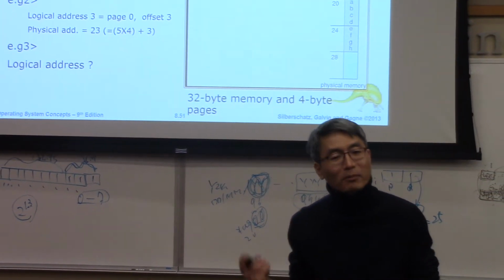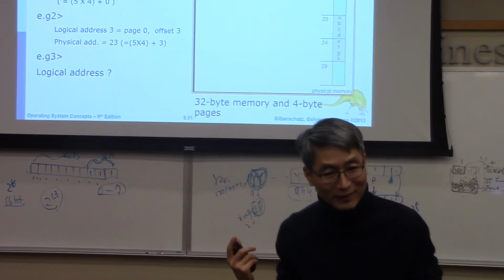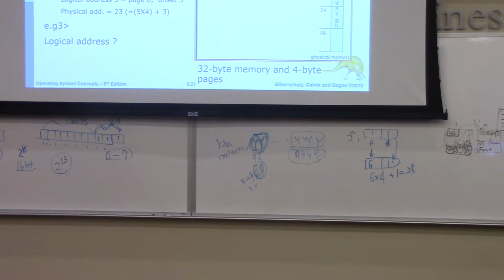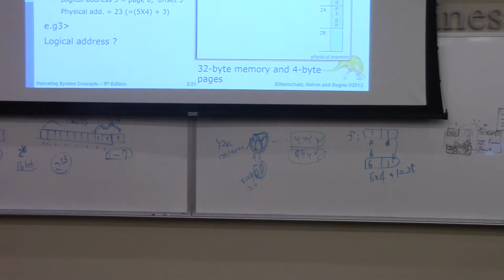Okay? This may be a good question for the final exam, right? It's very simple. Sometimes if I ask what is the physical address of this one, you can just count. If I give this information, you can just check the 25. But in your exam, I will not give this side. It will be a little bit more complicated.